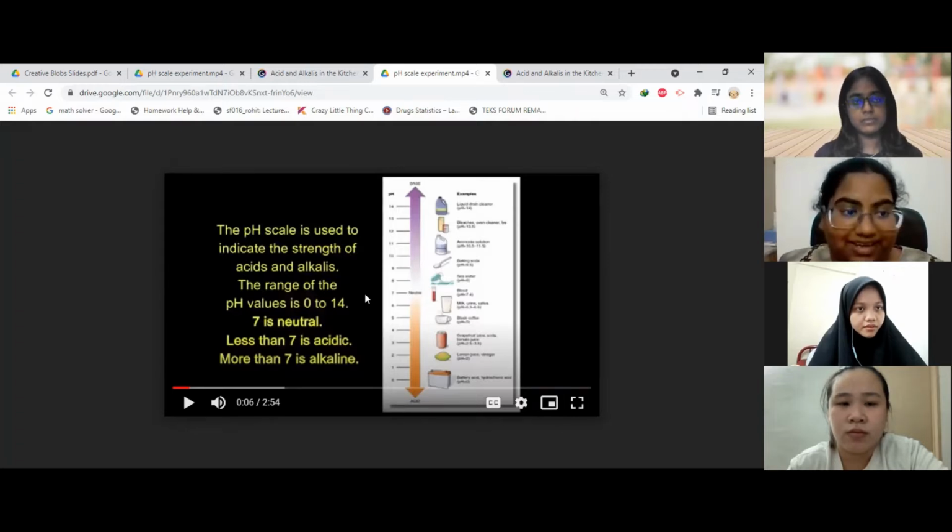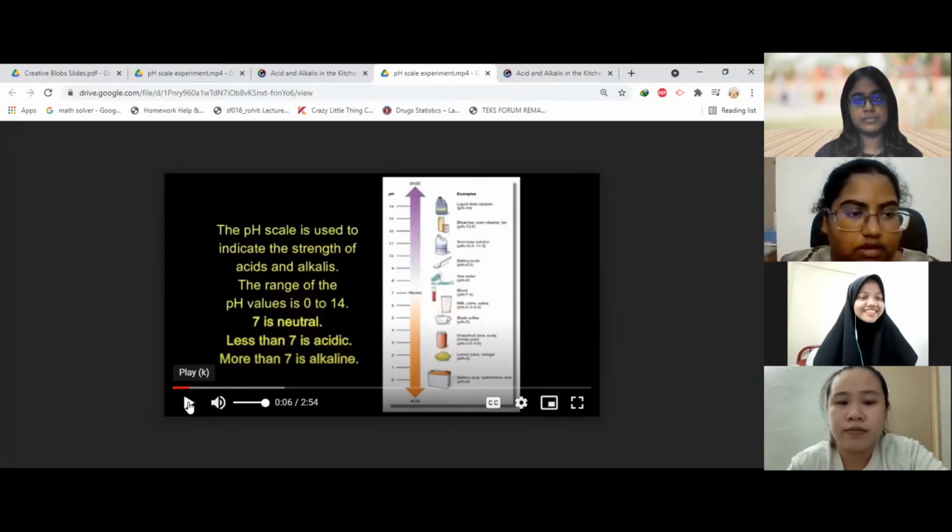There's no negative and there's no 15, 16, just 0 to 14. 7, the number right in the middle, is neutral. Anything less than 7 is acidic, and anything more than 7 is alkaline. You can see in this small chart here, this is neutral. As the numbers become bigger, it becomes more alkaline, and as the numbers become smaller, it becomes more acidic. Everybody can understand? Yes, teacher.